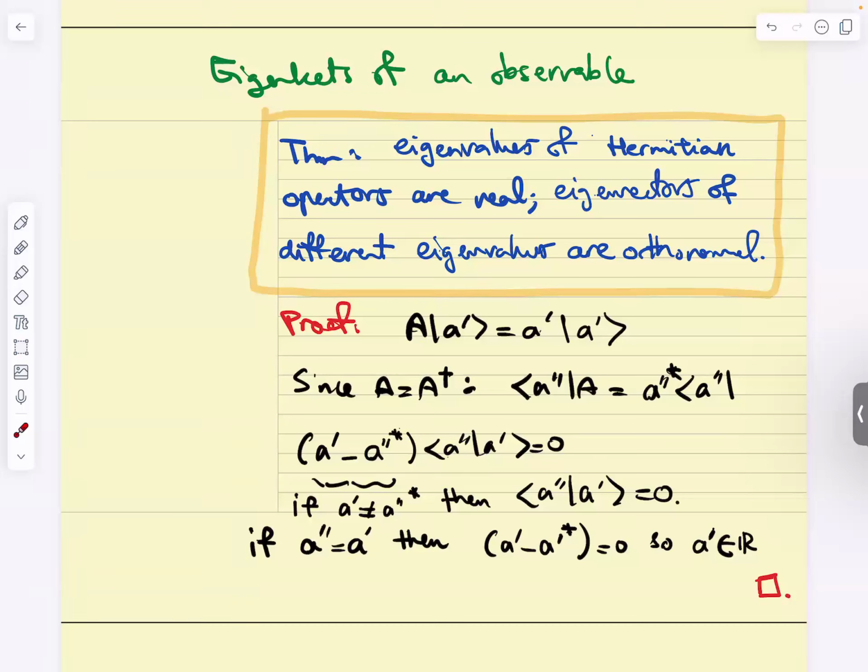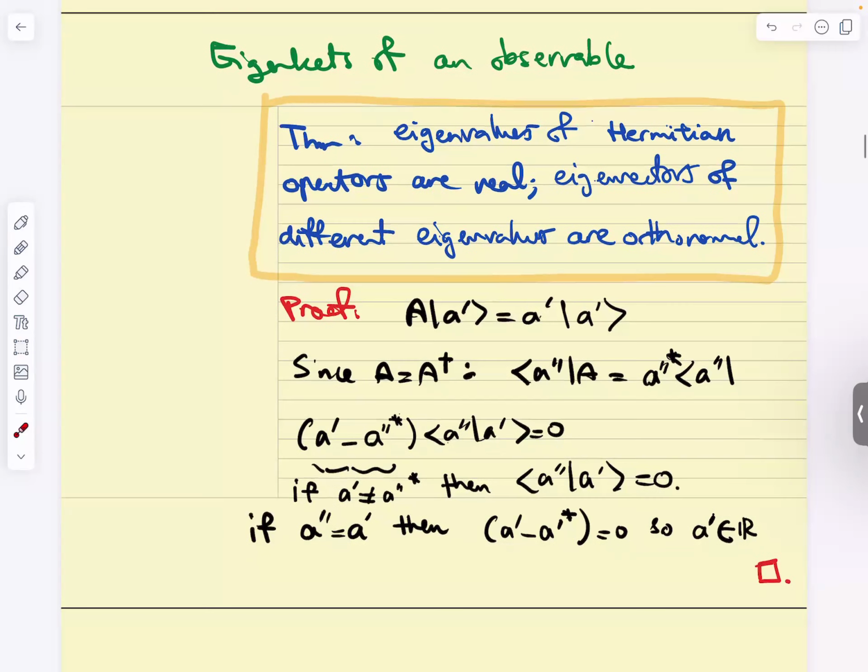Second, the eigenvectors of different eigenvalues are orthonormal. These are two things you need to know. If you have a Hermitian operator, its eigenvalues are always real, and its eigenvectors of different eigenvalues are orthogonal.